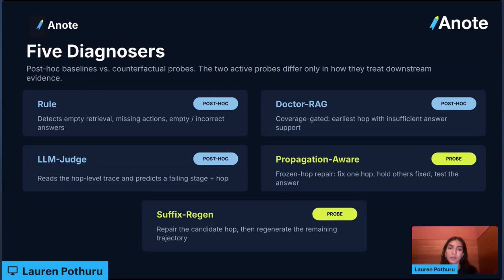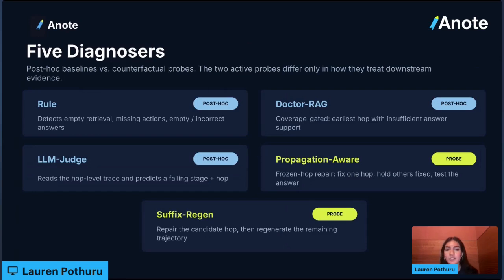This propagation aware repair would fix only that hop and see whether or not this would lead to a correct output. And then suffix regen repairs a hop and then regenerates the rest of its trajectory. So if failure was identified at hop number 3, then it would fix hop number 3 and then also regenerate hop number 4, 5, and so on and so forth.